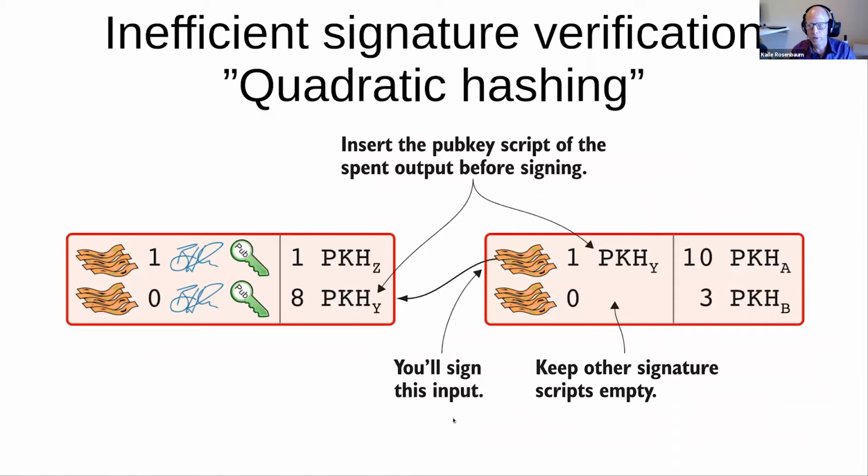And the other big problem that I talked about is the quadratic hashing. I'll try to explain this. This is a bit delicate, but I said very early, on the second day when we talked about chapter 5 and transactions, that when you are about to sign a transaction, you clear the signature scripts, all signature scripts, before you sign it.